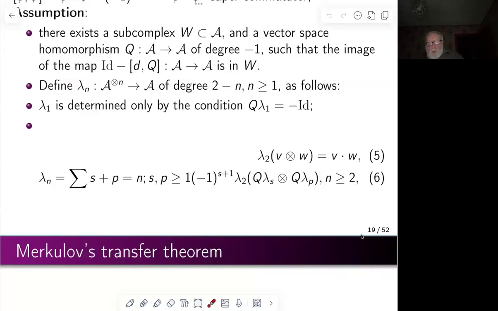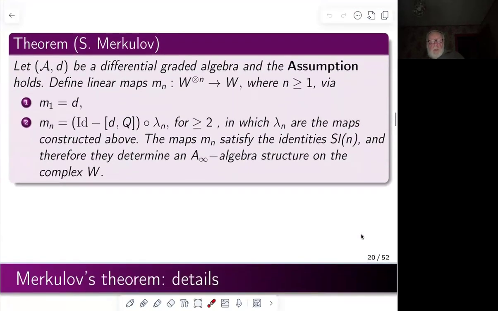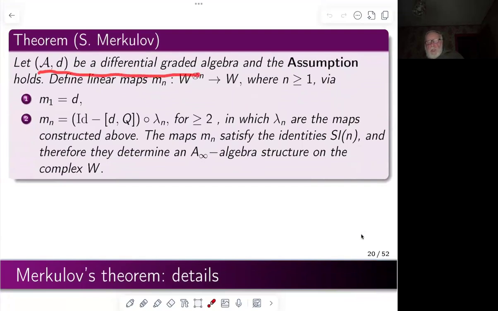So it is a sum over all indices like this. This condition is also in the assumption of Merkulov. And then he proved the following theorem. We have a differential graded algebra with this assumption. And then we can define on this subcomplex linear maps mu sub n, as usual.